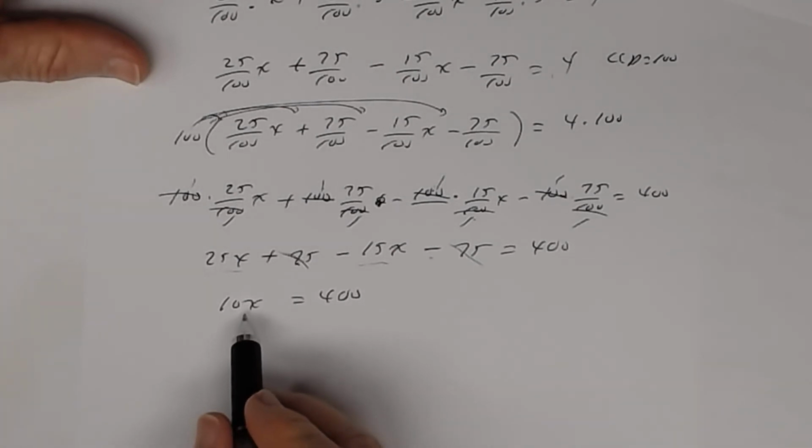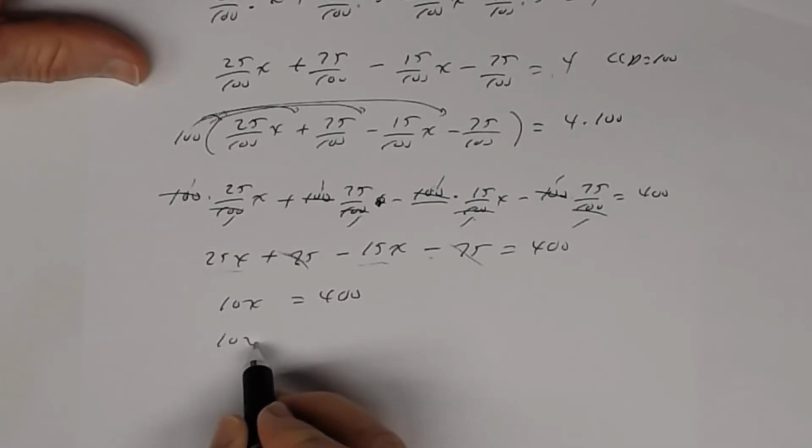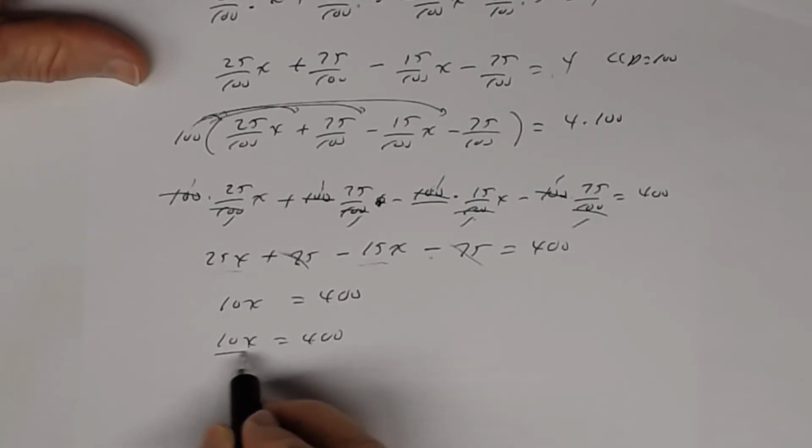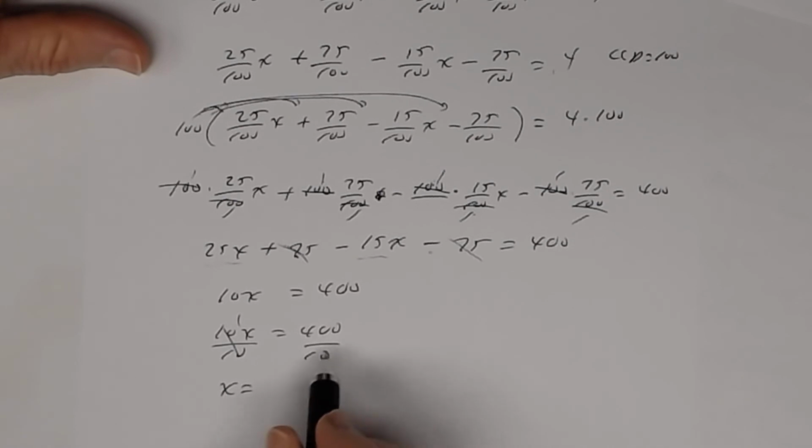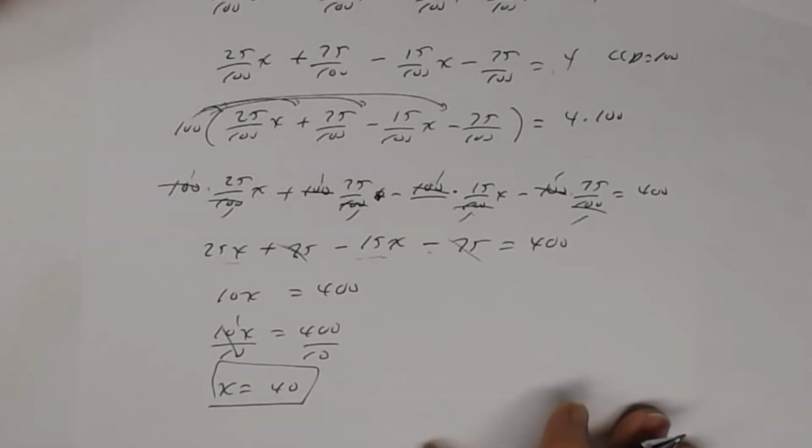And so now to get x by itself, you're going to divide both sides by 10, because right now you're multiplying by 10. So I'm going to write this over. And so when I divide both sides by 10 and then reduce, 10 divided by 10 is 1. 1 times x is x. And 400 divided by 10 is 40. And so there's your solution.